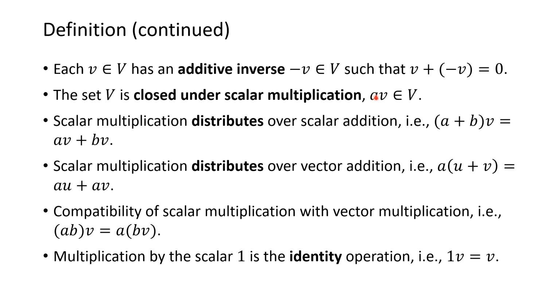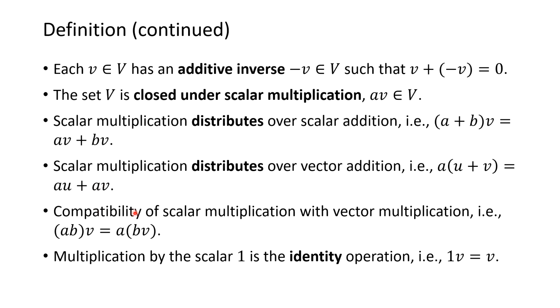So if you multiply a number a times your vector v, you get another vector in your vector space. Scalar multiplication distributes. So you can see here you have a plus b, which is the sum of two scalars, times v, and that gives you av plus bv. And then you can also distribute scalar multiplication times the sum of two vectors, and you have a times u plus v, and that equals au plus av.